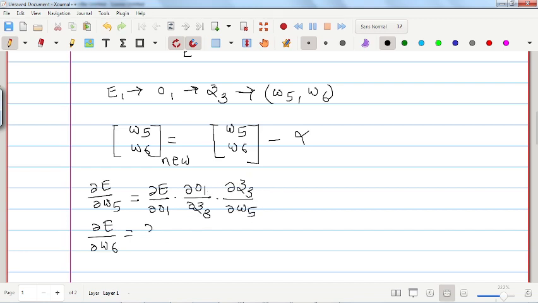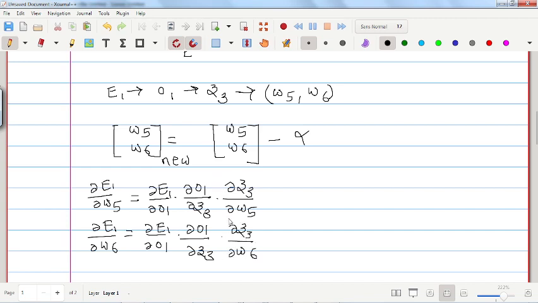Three derivatives. You are observing the chain for W5, W6: function of Z3, Z3 of O1, O1 function of E1. If you have any confusion, let me write it as E1. No issues, because the final E is calculated using E1 and E2, but W5 and W6 contribute to E1 only. Now again del E by del O1, del O1 by del Z3, and del Z3 by del W6.